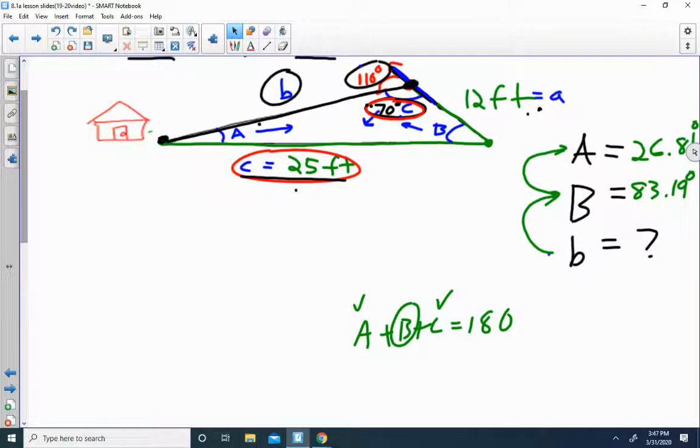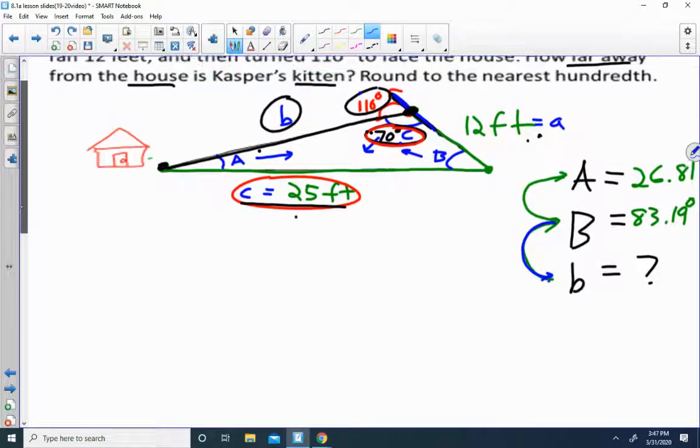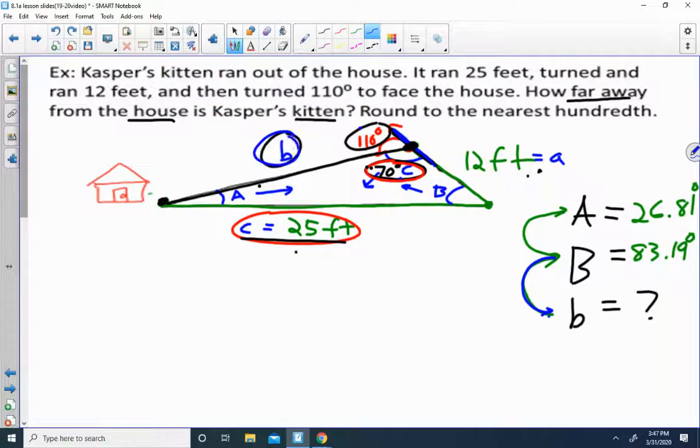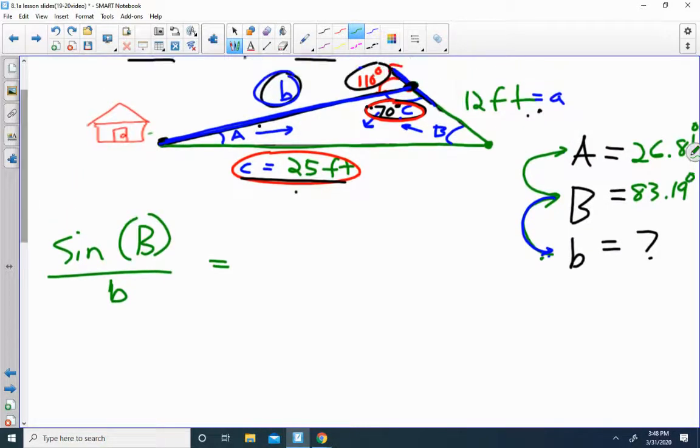And now that we finally have big B, we can use it to find the answer we've been looking for. We've been looking for little b, or the distance from the cat to the house. So now, we can again use the law of sines. So, sine of big B over little b, because again, I'm trying to find little b. And I'm going to go ahead and use my original pair of sine C over little c to help me out.